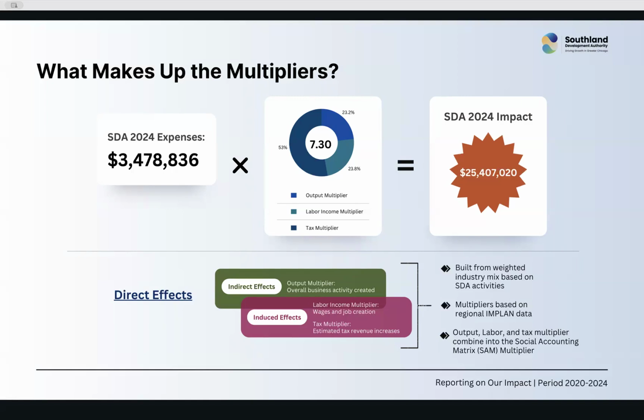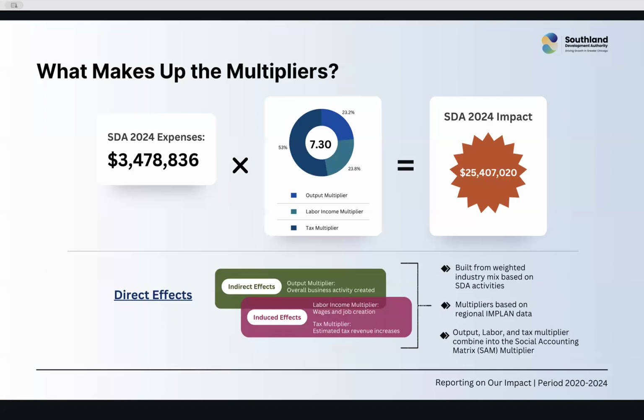Finally, the tax multiplier estimates the increase in tax revenues resulting from the new economic activity. Together, these three figures are summed to form the social accounting matrix, or SAM multiplier. The single value gives us a comprehensive measure of total economic impact per dollar spent.